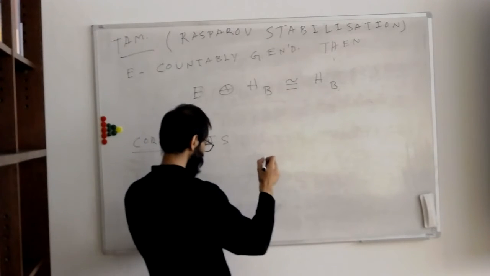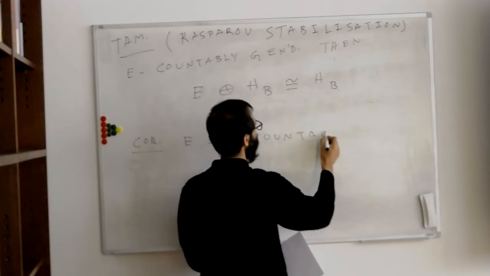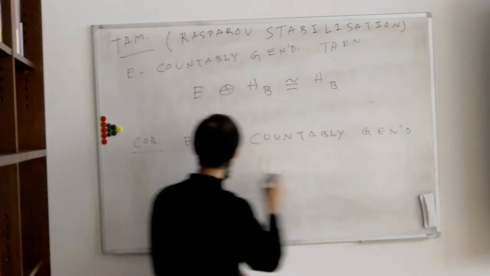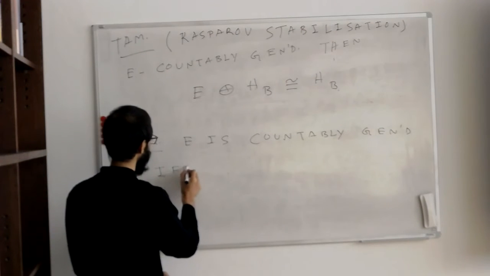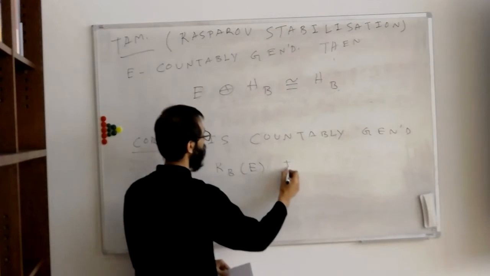E is countably generated if and only if the compacts are sigma unital.